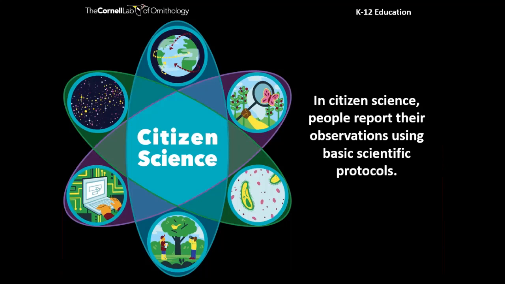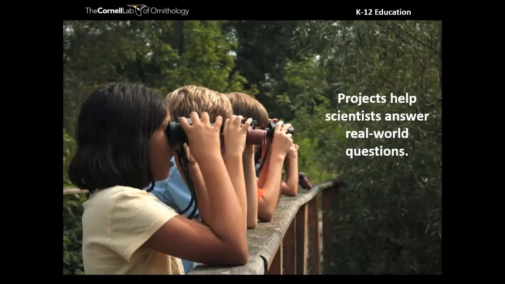So what I love about citizen science is that there are just a wealth of opportunities out there, from the local to the global, from the microscopic to the universe, all online or all outside. Whatever situation you're in and whatever your students are interested in, there's probably a citizen science project out there for you. And we here at the lab view these as partnerships where people help scientists answer real world questions.